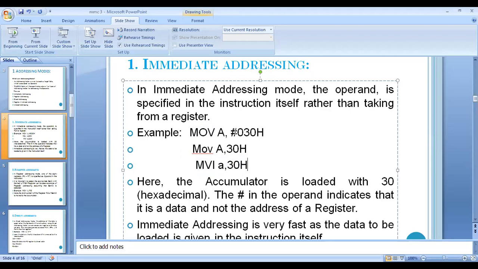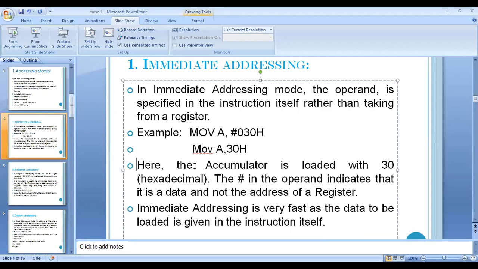By the hash sign. Whenever there is a hash sign, we come to know that 30 is the immediate data, so directly we can take the value 30. When there is no hash sign, 30 is the memory location, and the data stored at this memory location we have to copy into the A register. Is it clear now?